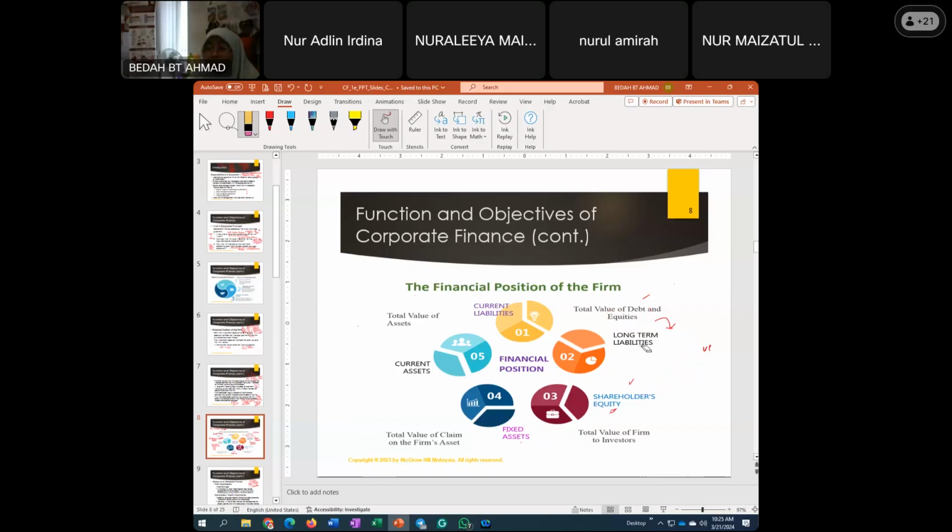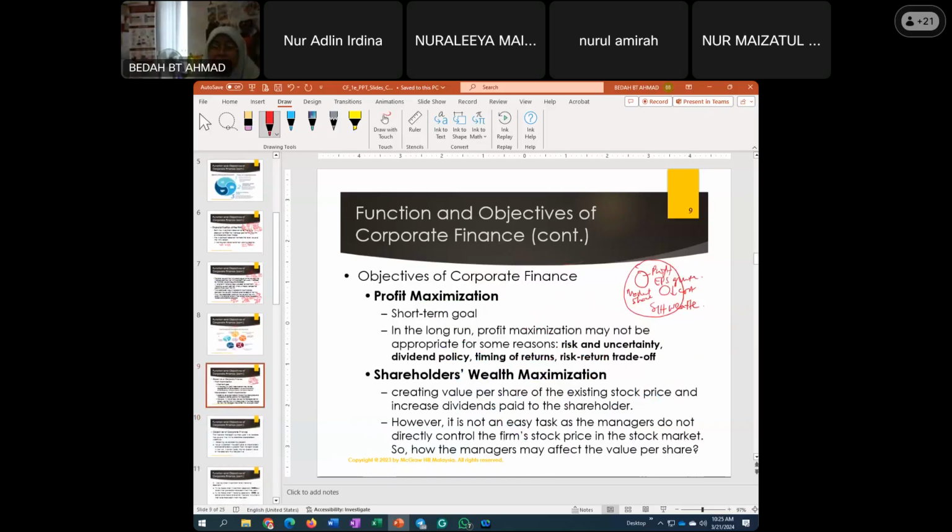So the total on the credit side, or on my right hand side, is the total value of debt and equity. It looks like this, this is the balance sheet. This one is the equity and debt, and this one is asset, represented by the long-term liability, shareholders' equity, and the other side is current asset, fixed asset. So that is the first thing.